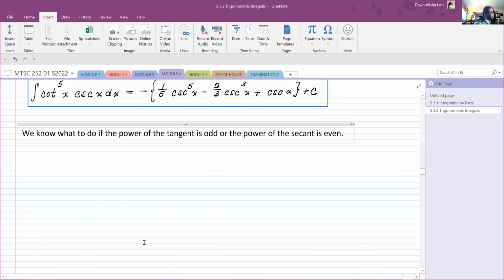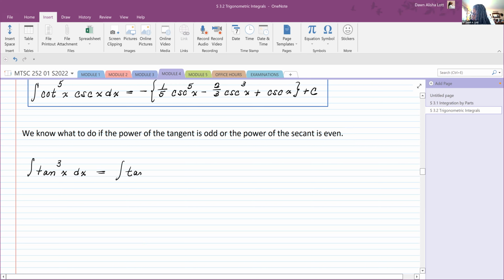Here's one: the integral of the tangent cubed of x dx. I'm going to split off one tangent, and then I have the tangent of x dx. If I can get rid of the tangent squared, I'd be in good shape, because I can't get rid of tangent.